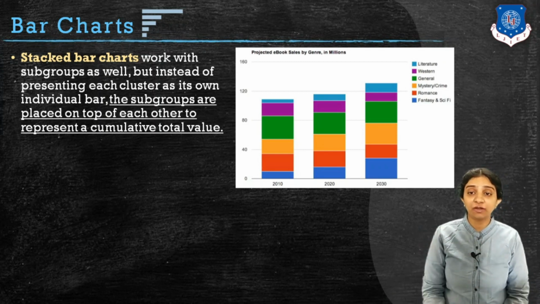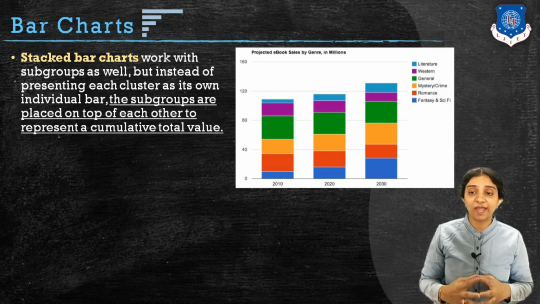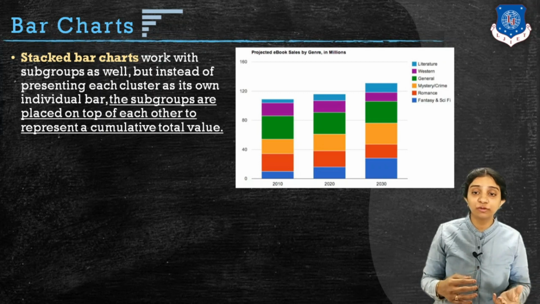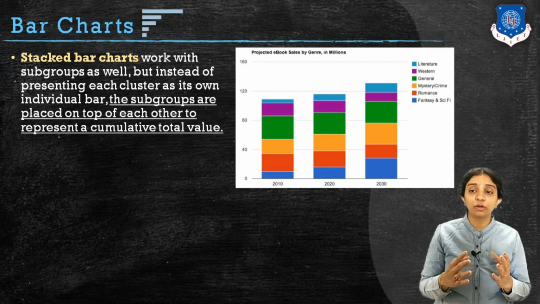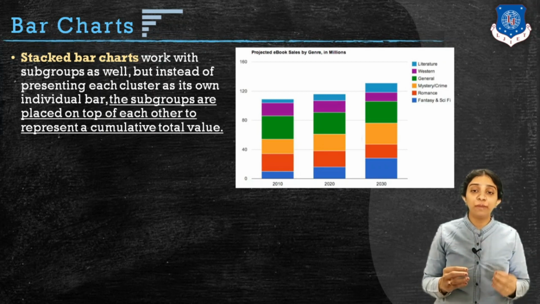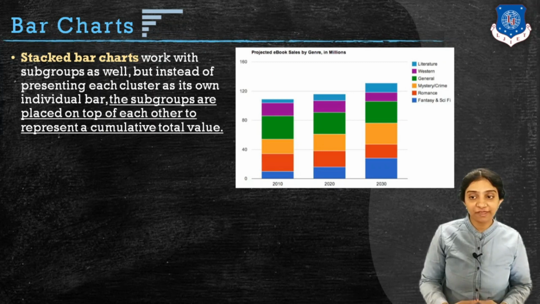This is the data of e-book sales by genre, given as turnover in millions. Light blue is literature books, purple are western books, general books are represented by green, crime or mystery books by yellow, romantic thriller by orange, and dark blue is for sci-fi or fantasy genre books.